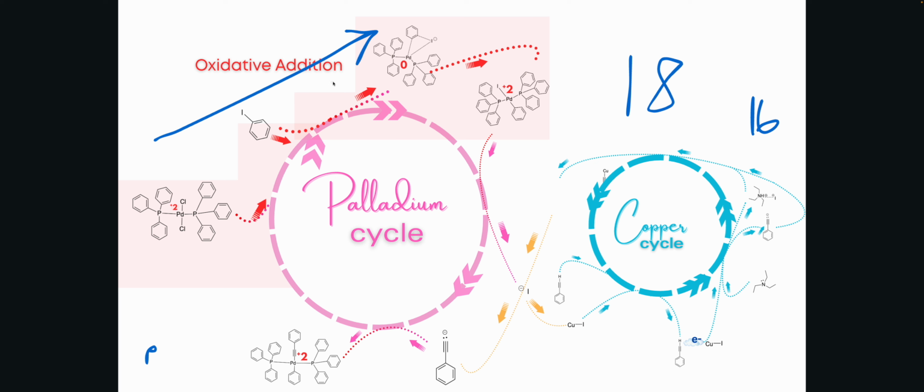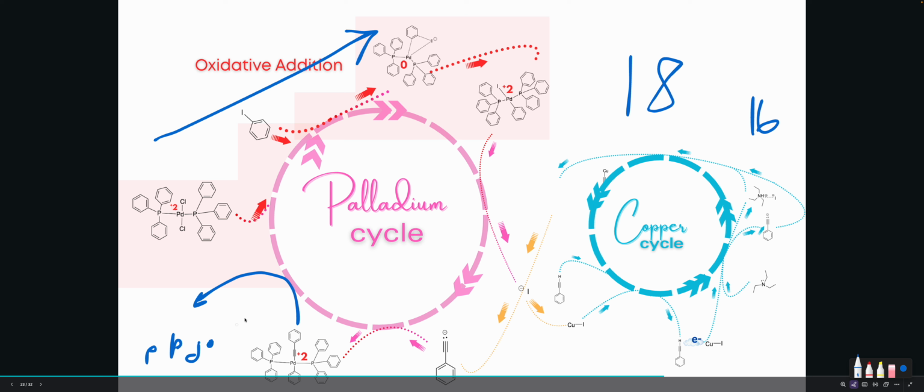It really pulls everything to here. But the cool thing is there will be another Pd0 here, like I've said earlier. I think I did draw it here, and this also means that the reaction gets moving in this direction. It pulls into that moment when palladium is in its 18 valence electron state.